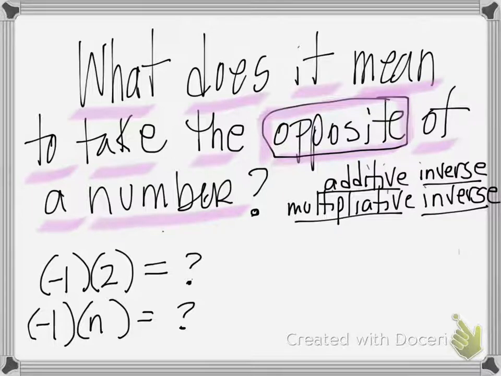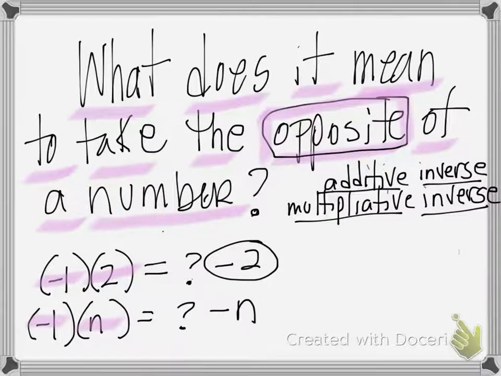Okay, and what would be negative 1 times 2? We know by now negative 1 times 2 is going to be negative 2. And similarly, negative 1 times n is negative n.